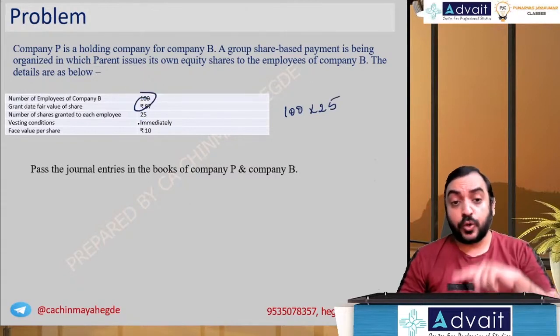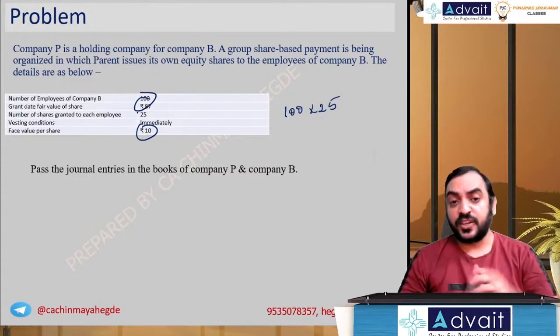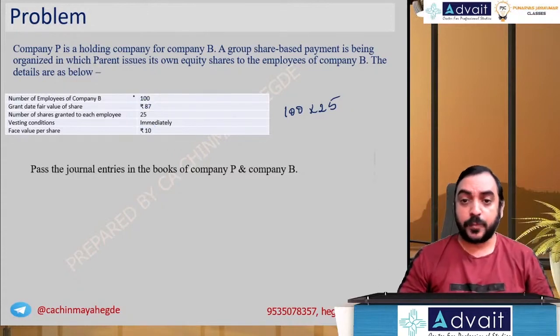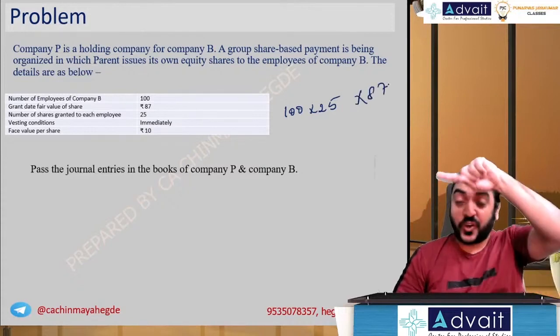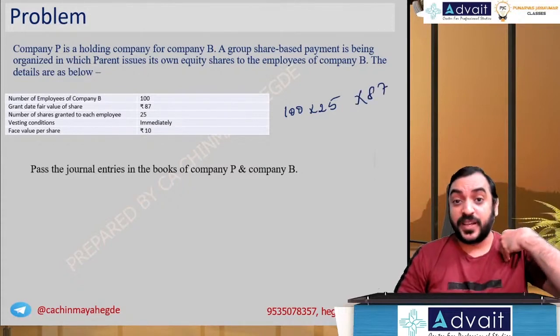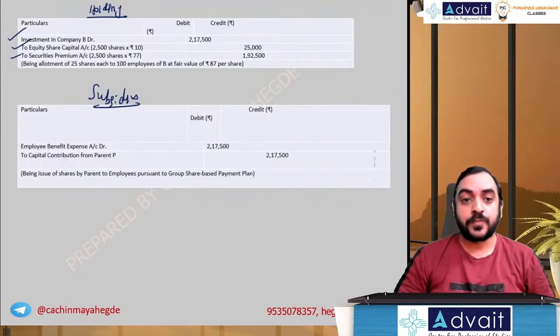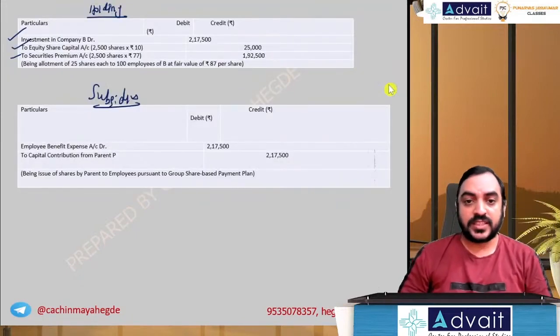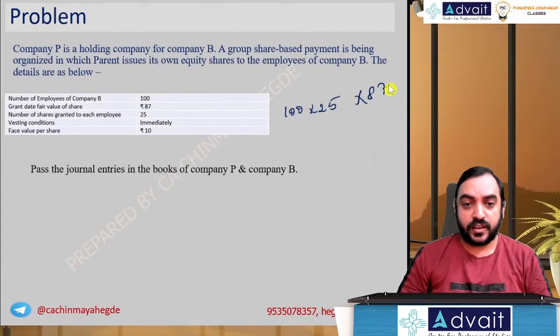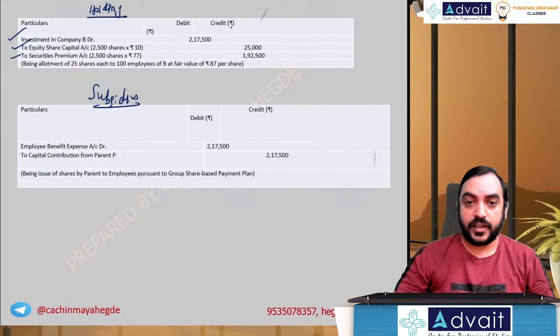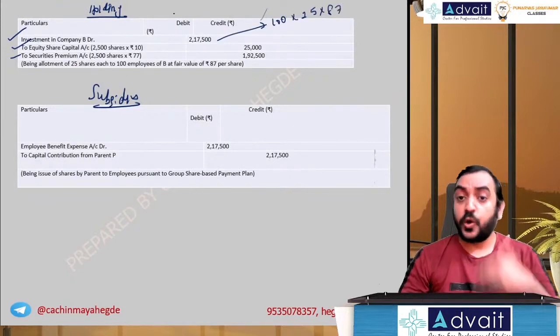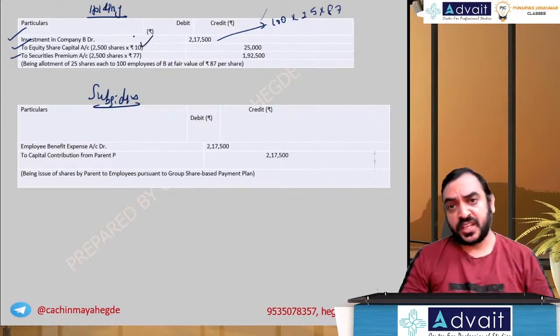Out of 87, 10 rupees face value, balance 77 rupees securities premium. So 100 into 25 into 87 rupees. What is an expense for the subsidiary company is an investment for the holding company, because you are paying on behalf of the subsidiary company. So you get 2,17,500. Please confirm: 100 into 25 into 87. Yes. Out of 87, 10 rupees share capital, balance 77 rupees securities premium.